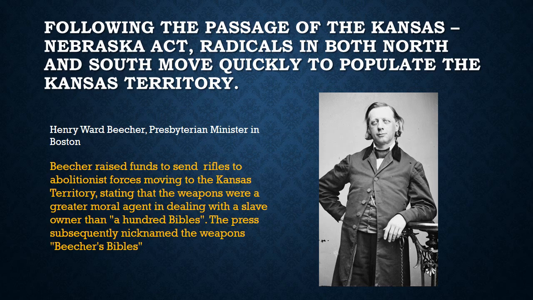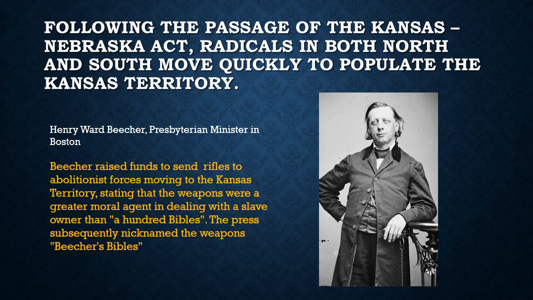Now, the reason I tell you about these two guys is that they represent others in the North and South that are beginning to lose perspective. Their rhetoric is very violent and very dangerous.